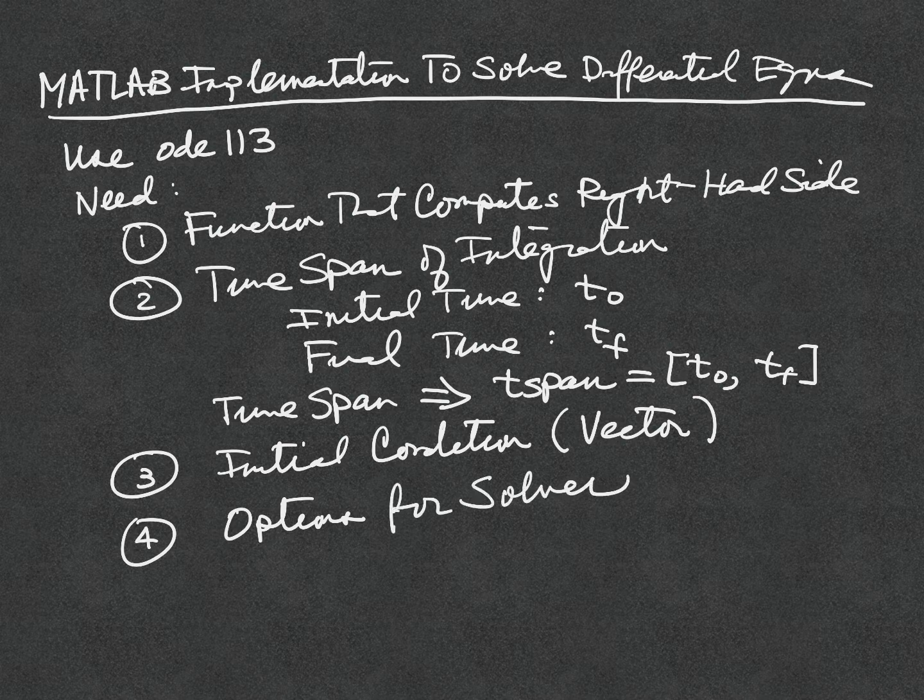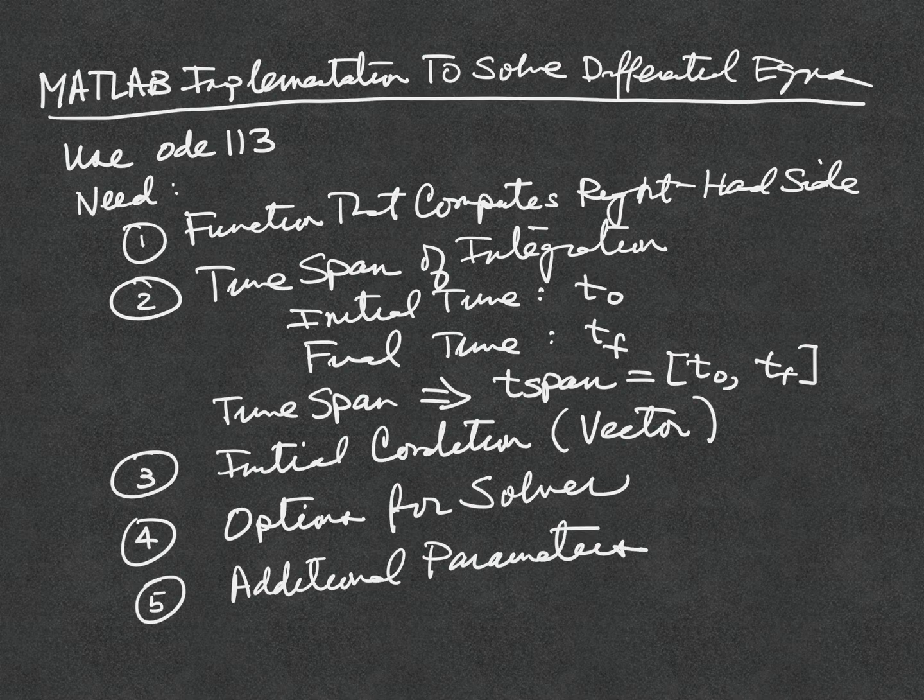Every one of these is going to be different. It just depends on the particular implementation. And 5, any additional parameters. In this case, we have one parameter that defines the dynamics of the system. So that's the additional parameter. But let's start first with the differential equations, and then we'll work our way forward from there.